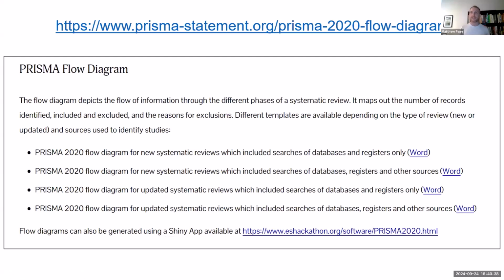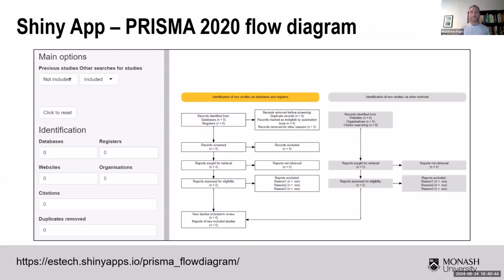But similarly, because we know that not everyone wants to use these Word documents, we've also developed a Shiny app, which enables you to record the relevant numbers, which then populate into this particular image file that you can then download and include as a figure in your manuscript. So different ways in which you can access the checklist and flow diagrams for PRISMA.